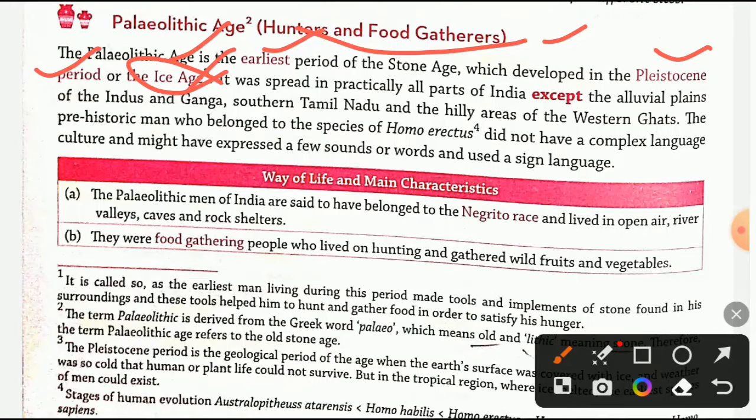It was spread over all parts of India except the alluvial parts of the Indus and the Ganga, southern Tamil Nadu and hilly areas of the Western Ghats. All the prehistoric men belonged to the species of Homo erectus, and they were called Homo erectus.